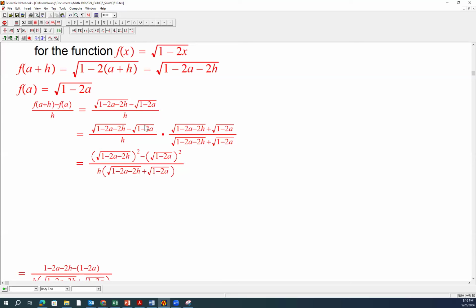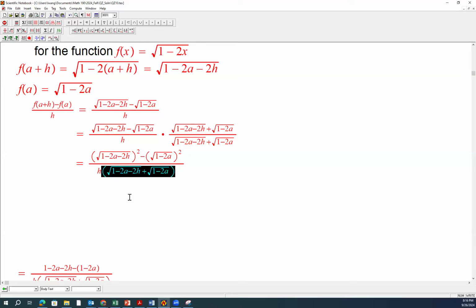A minus b times a plus b, that's a squared minus b squared. So this is a squared, and that's b squared. In the denominator, h multiplies the whole of that. Because it's the addition of the two, we must insert parentheses here.